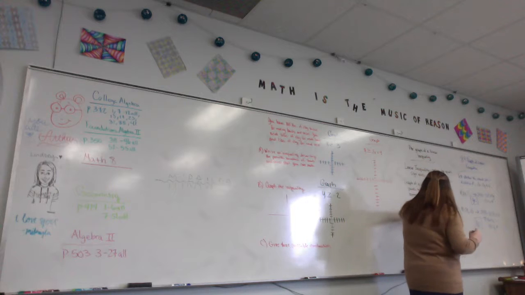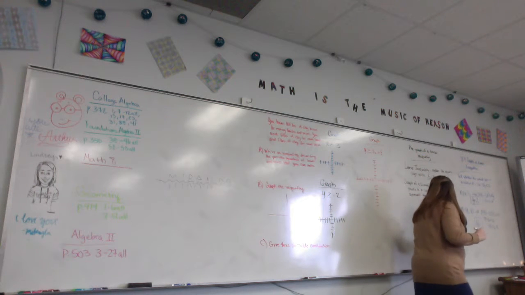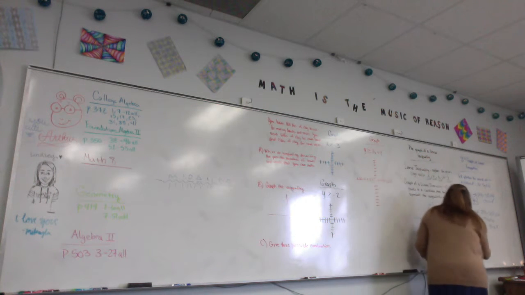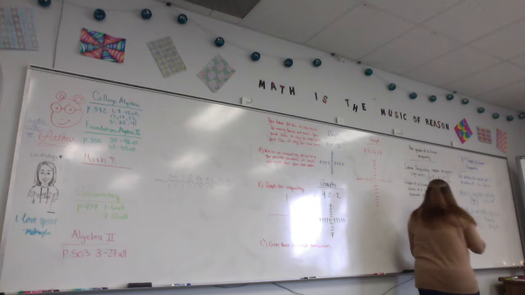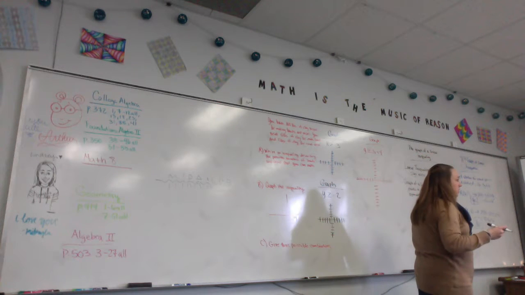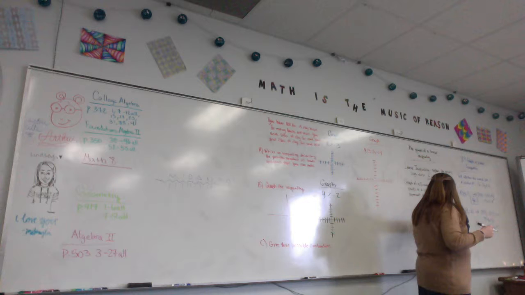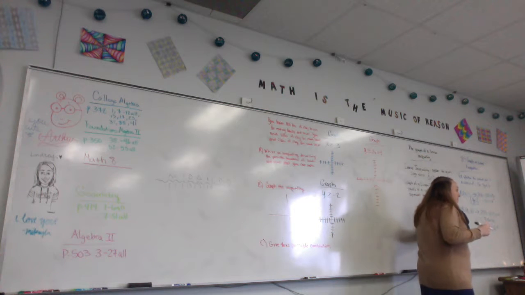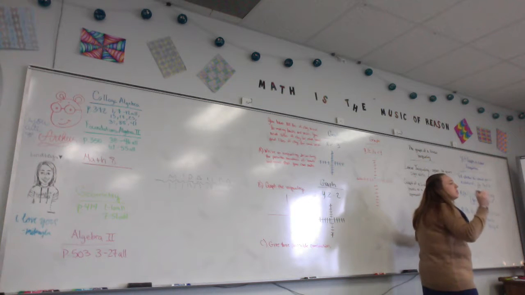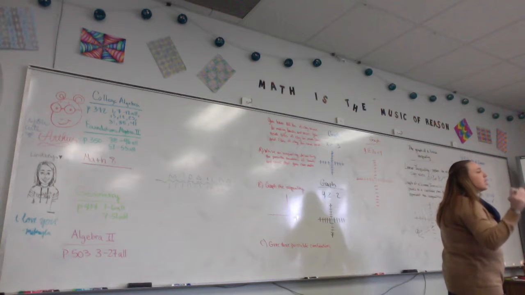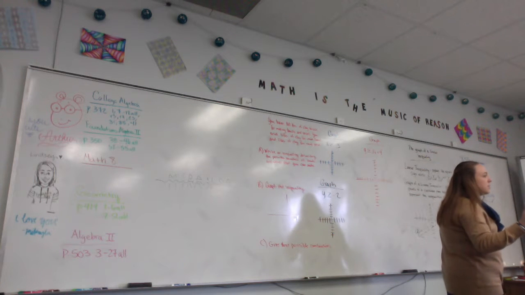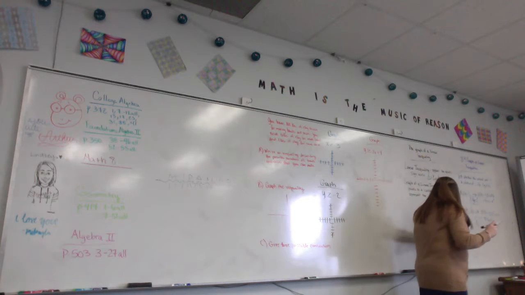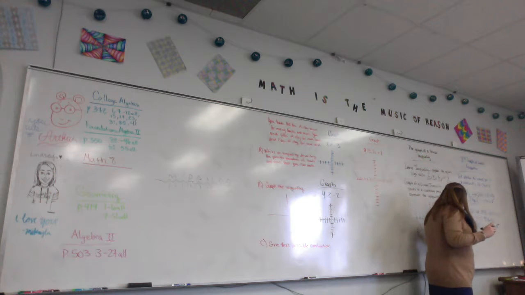Step 3, do you see how I have shading? Here's how you do step 3. You're going to plug in a point. I plugged in (0, 0). The point cannot be on this line. (0, 0) is always the easiest one to plug in if it's not on that line. I plug 0 into y, I plug 0 into x.